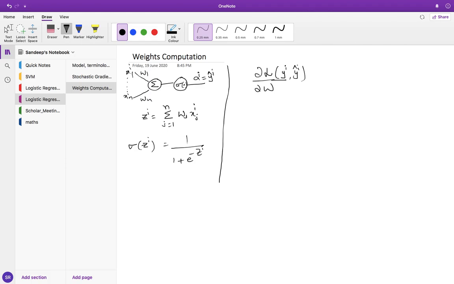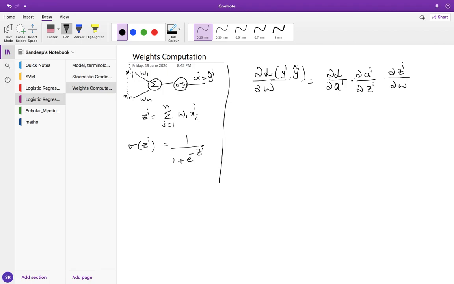So to find dou L by dou W, what I'll do is dou L divided by dou ai, into dou ai divided by dou zi, into dou zi divided by dou W. Here I am just using partial derivatives.